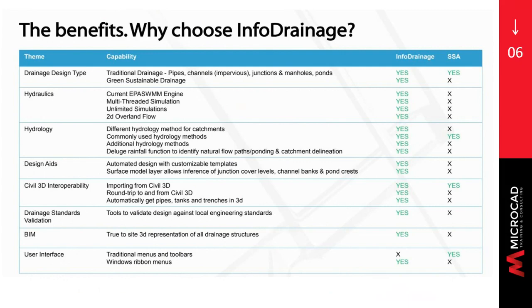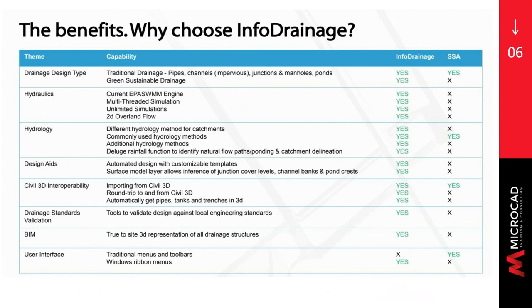Okay, they talk about ability to do your hydrology calculations, and you can use a separate hydrology method for your catchments than you do for your overland flows if you want. Okay, so that's available with InfoDrainage. Commonly used hydrology methods, SCS, etc., are in both softwares, but then InfoDrainage has additional hydrology methods.